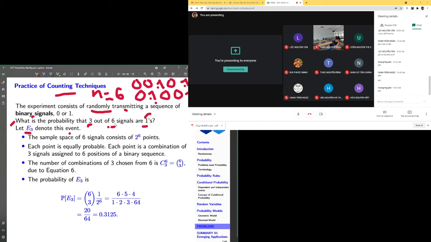I have a total of 6 positions and you have to put 3 number 1s inside, you see. So 3 signals mean 3 number 1s you put into the 6 positions in the binary sequence. You see what I am saying? Then that means one point now becomes a combination of 3 elements from 6 elements.